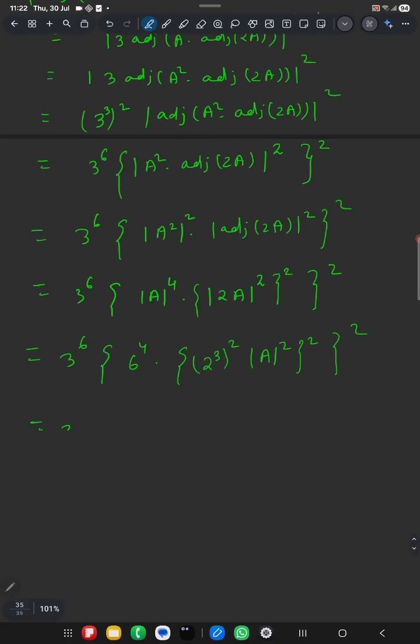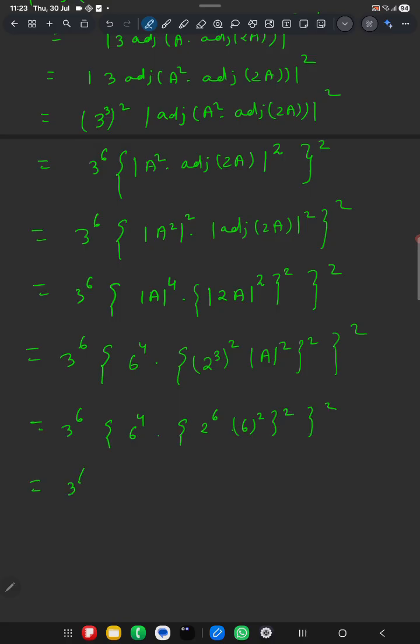Clear? So 3 power 6 into 6 power 4 into, here you will write 2 power 6 into determinant of A square, means determinant of A is 6. So 6 square and square.